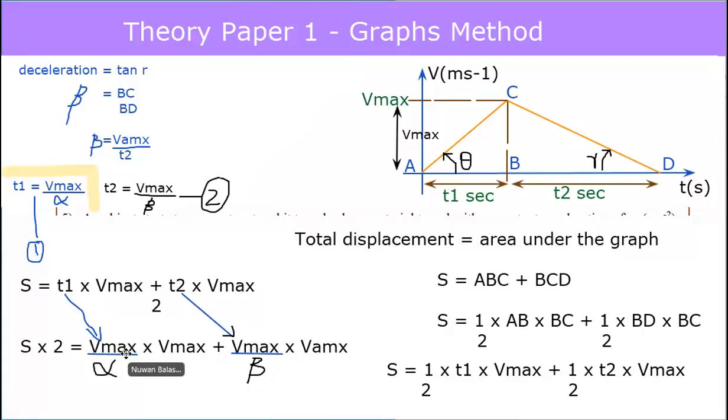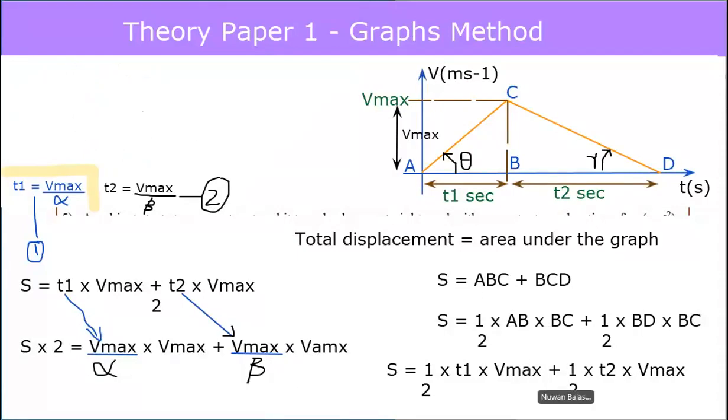So what is Vmax into Vmax? I'll erase this and find some space to write. What is Vmax multiplied by Vmax, Lamai? Somebody please tell me. Vmax square. 2s into 2 is 2s.